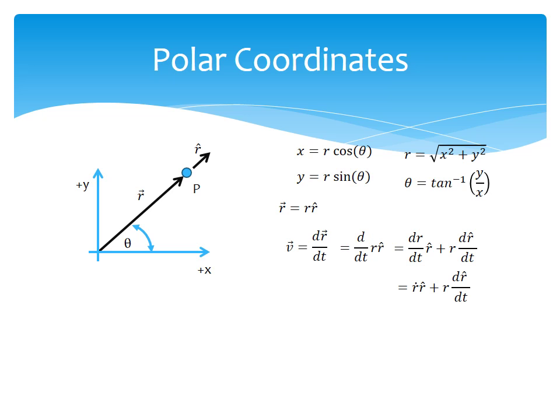Well, the derivative of the magnitude r with respect to time is easy. It's r dot, the rate of change of the magnitude of our radial vector with respect to time. And that always points in the r hat direction.